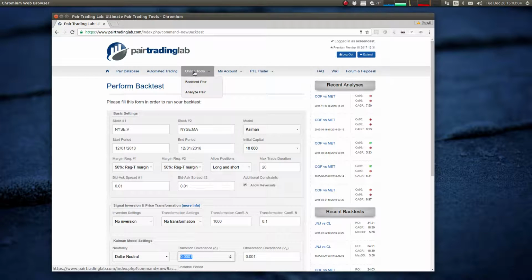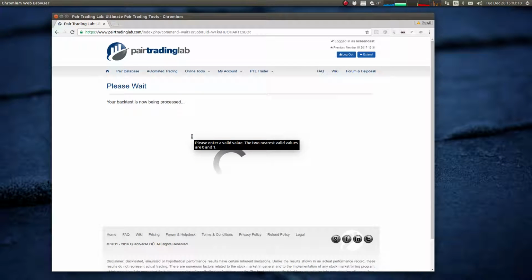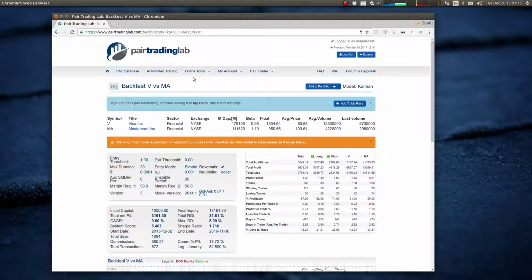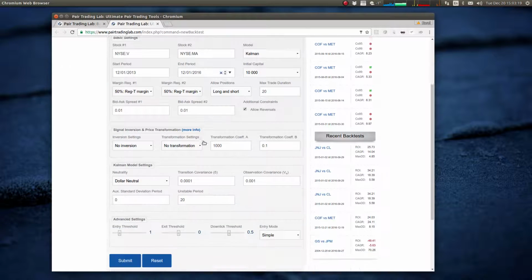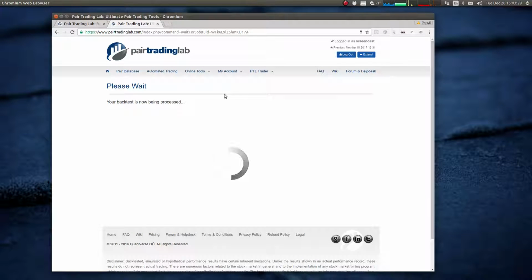So let me check. Let's do the backtest again with these parameters to keep it open. Now I will try to do the same backtest with slightly different parameters. I will first try it with a different observation covariance. Let's see how it differs.